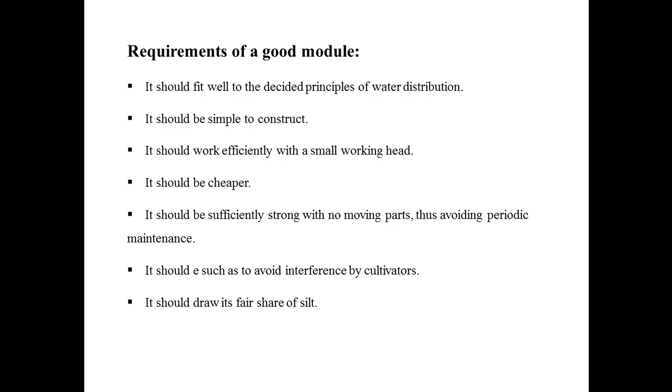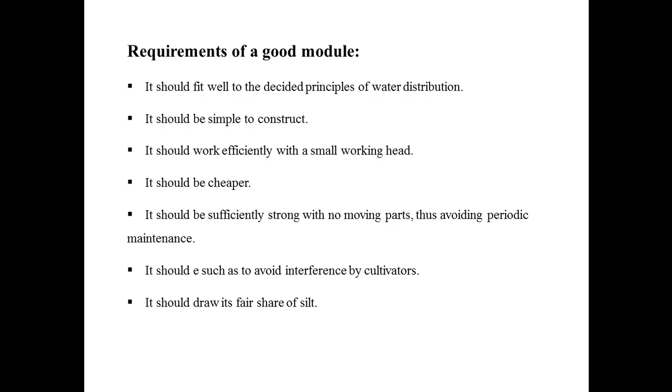What are the requirements of a good module? It should fit well to the decided principles of water distribution, and it should be simple in construction. Also, it should work efficiently with a small working head. It should be cheaper. Also, it should be sufficiently strong with no moving parts, thus avoiding periodic maintenance.